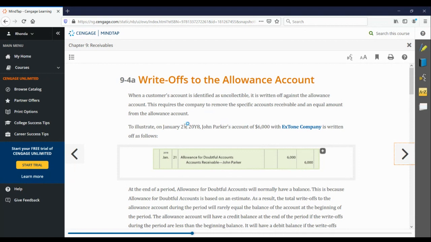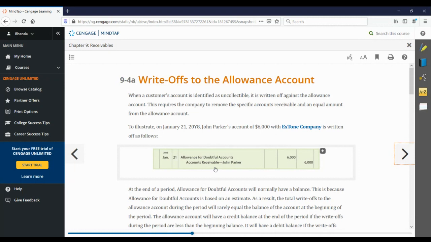So as this illustration states, on January 21st, in the new accounting period, when we're using the allowance method, John Parker, our customer's account of $6,000 is going to be written off. To write off the account, we would debit the allowance for doubtful accounts to reduce the estimated amount that we had previously put in the allowance account, because the customer is actually not going to pay us.